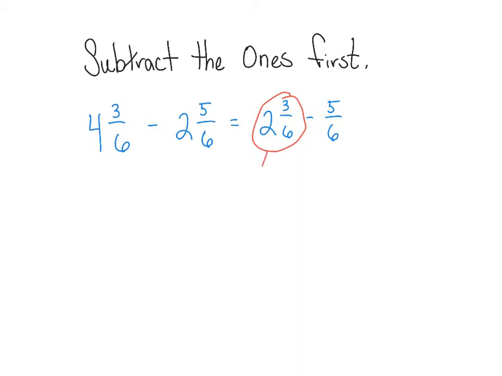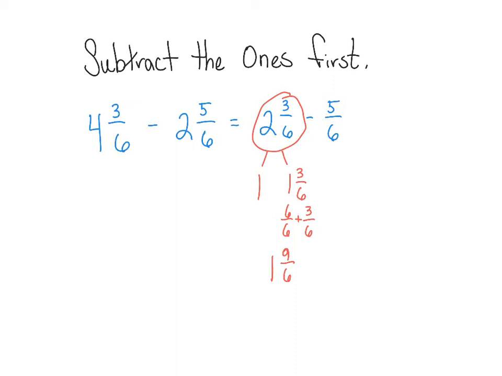When we do that, we're breaking it down to 1 and 3/6. But we cannot subtract that. So we need to take that whole and break it into a new fraction, which would be 6/6 plus the fraction that's attached to it, which was 3/6. So we're left with 1 9/6.